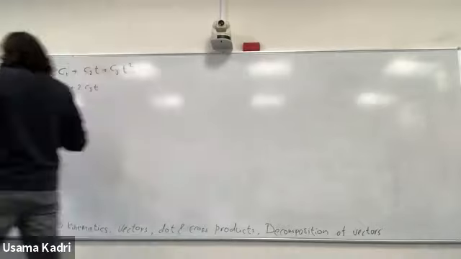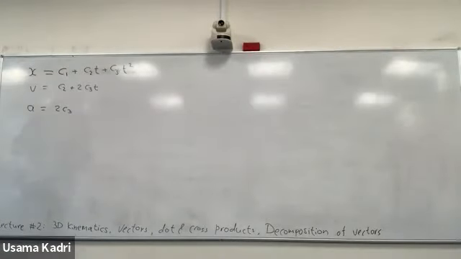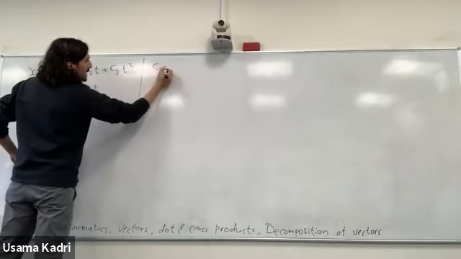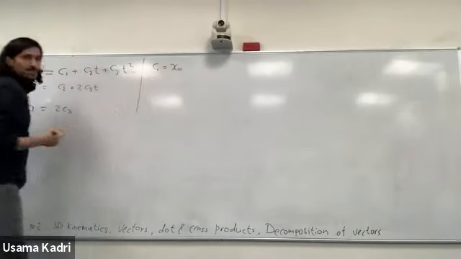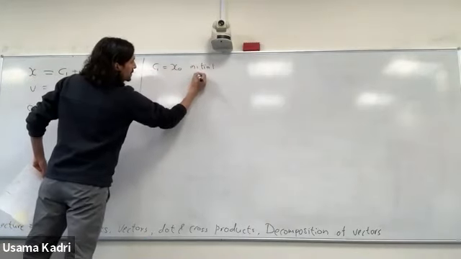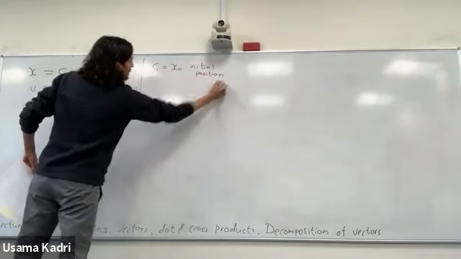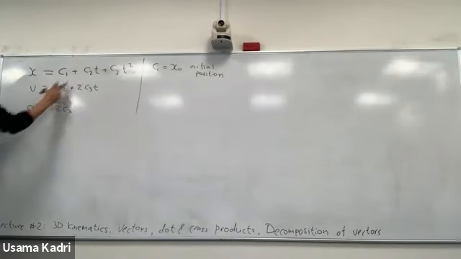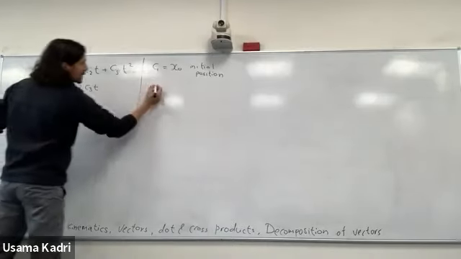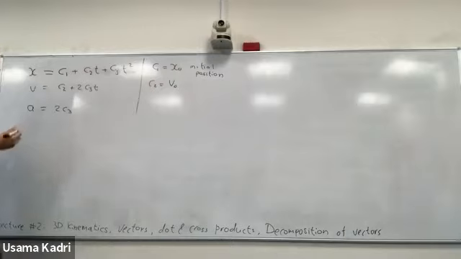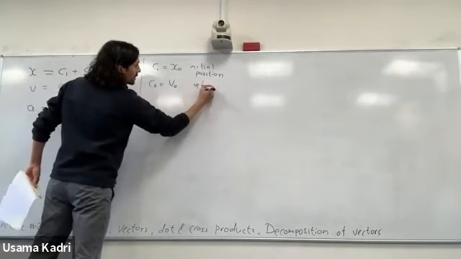Okay, so I can now say that C1 here, I can take as some x0, being the initial position. And C2 here, you see it appears here and there, has to be velocity. So C2 is some V0, which is the initial velocity, right?